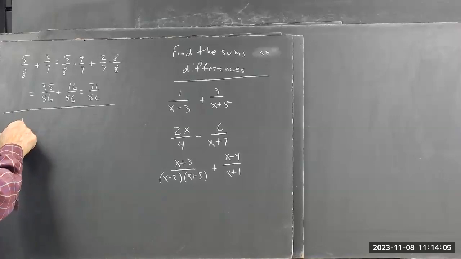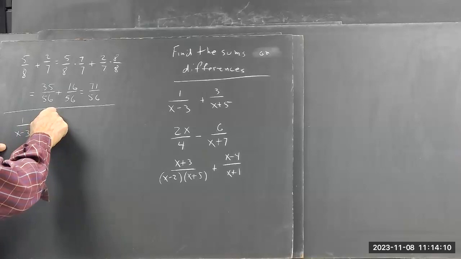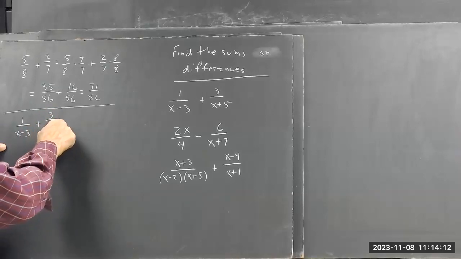Here, we've got 1 over x minus 3 plus 3 over x plus 5.